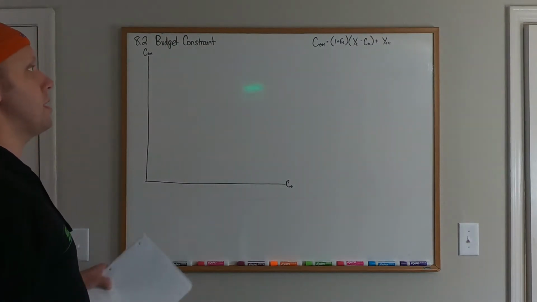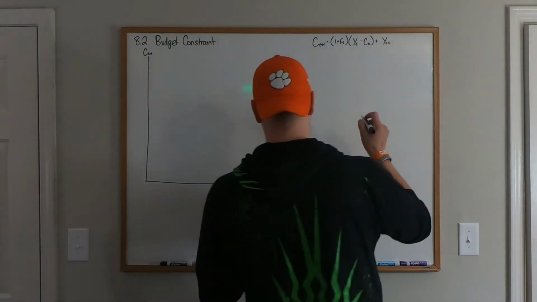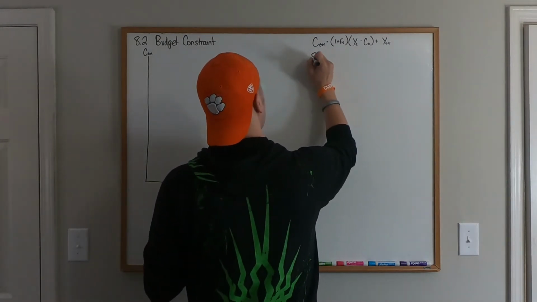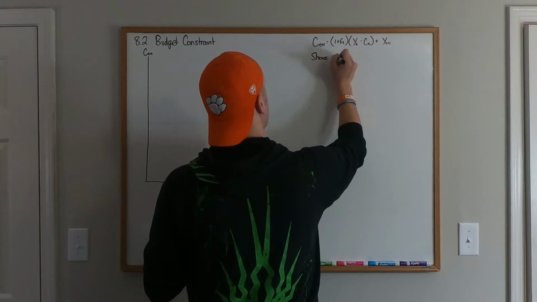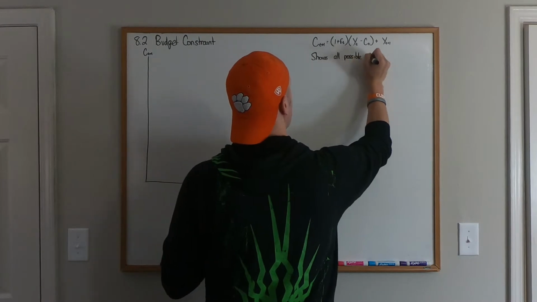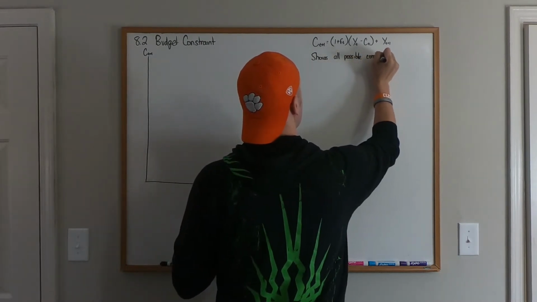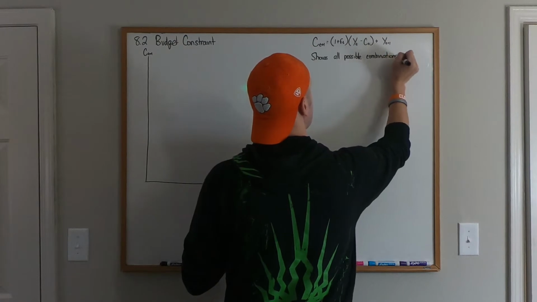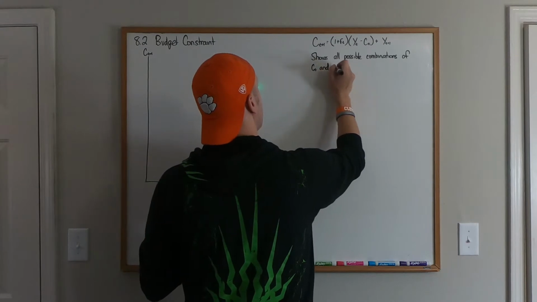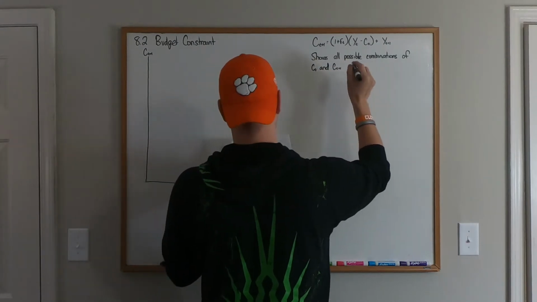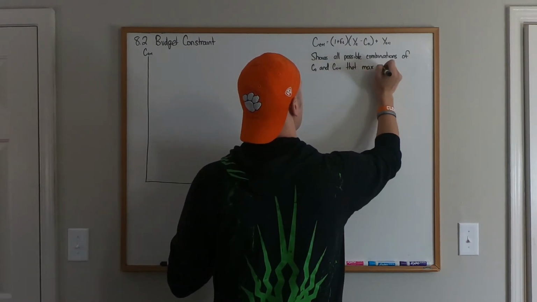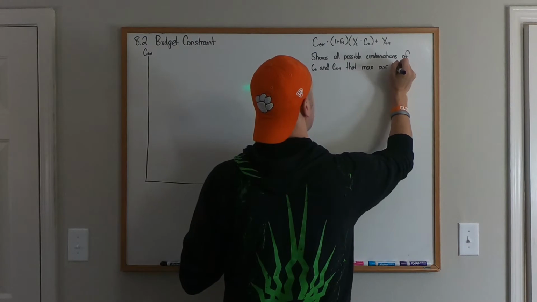And what this budget constraint actually does is give us all possible combinations of current and future consumption that max out our constraint.